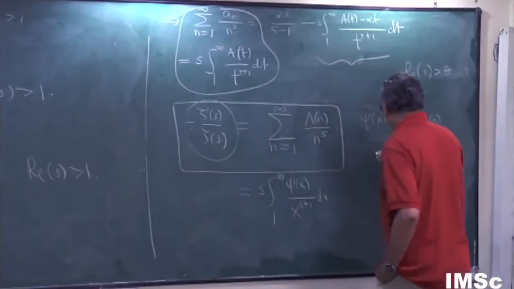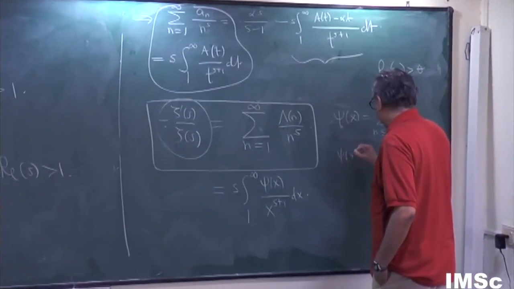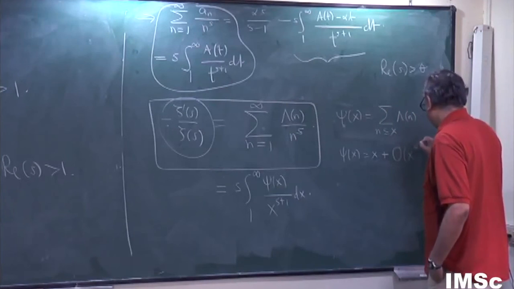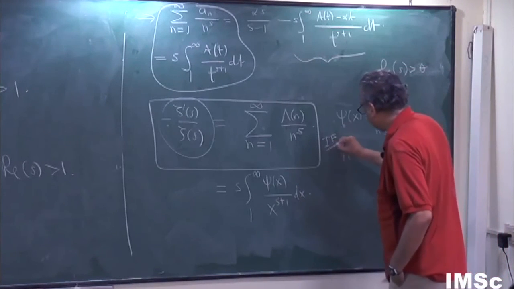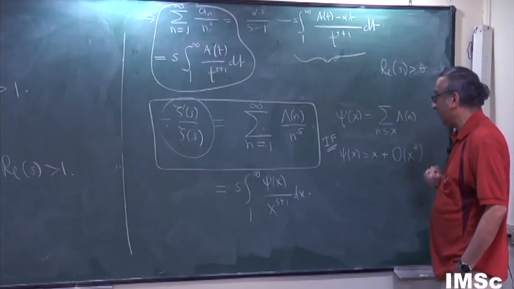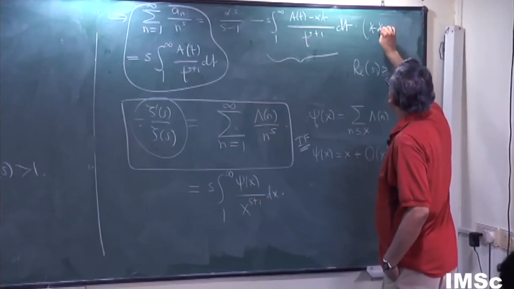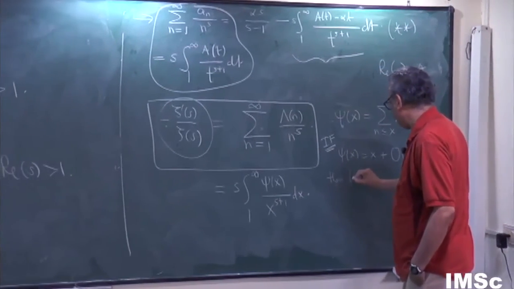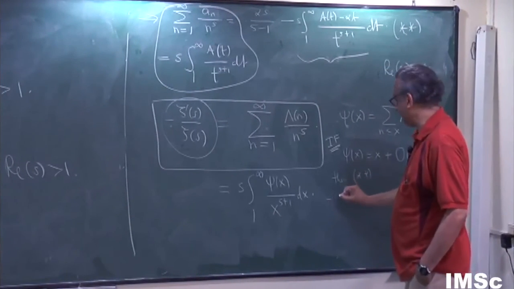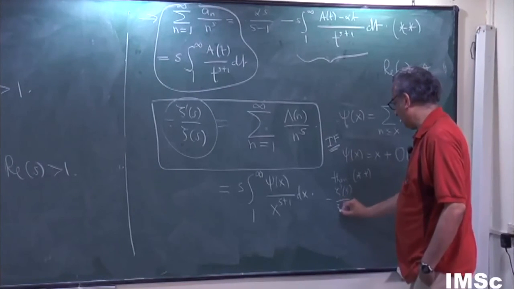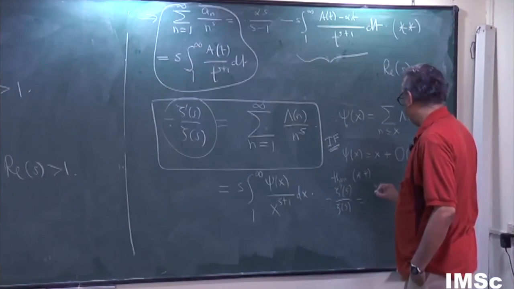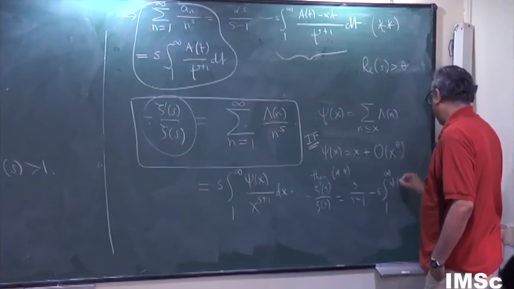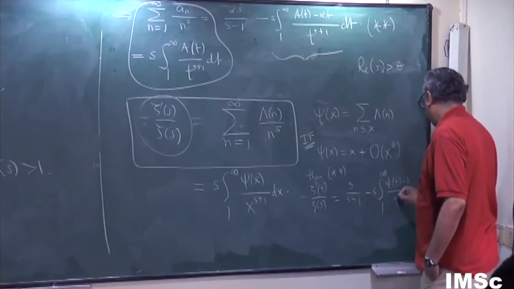But if you were to say psi of x equals x plus O of x to the theta, let's say, so if, it's a big if, we have this, then this identity here will tell us that minus zeta prime of s over zeta of s is again equal to s over s minus 1 minus s integral psi of t minus t over t to the s plus 1 dt.